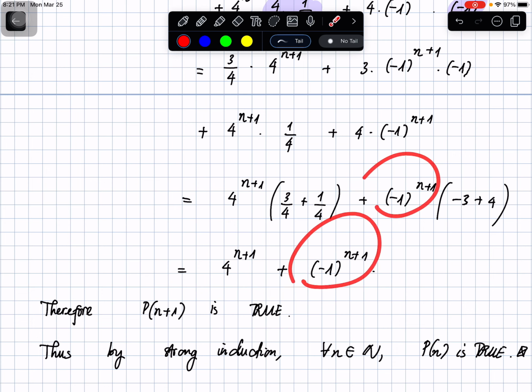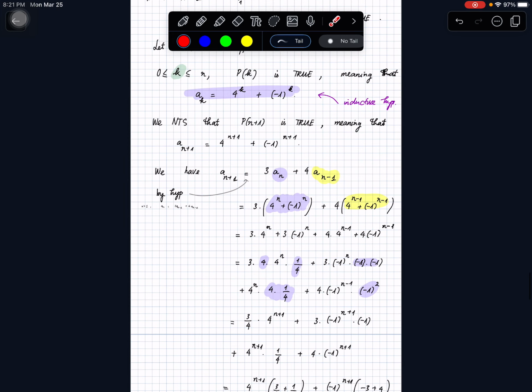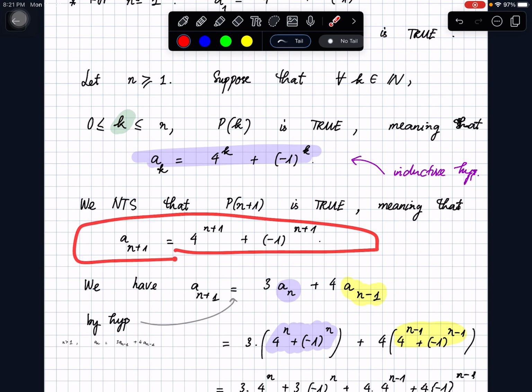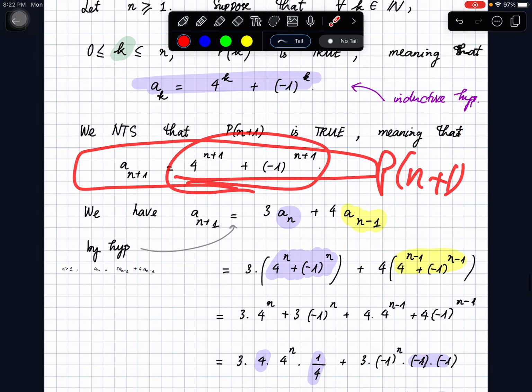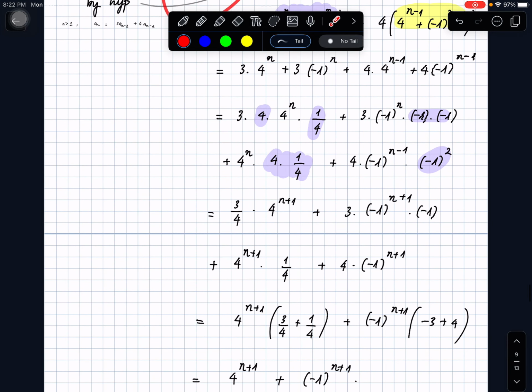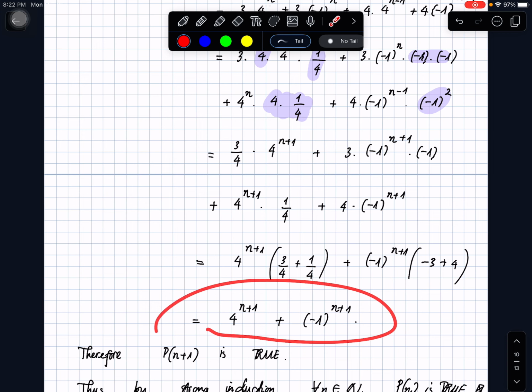Minus 1 to the n plus 1 times 1, which is this one. This value is the right hand side of P of n plus 1, which is this value. So we did show that a sub n plus 1 equals 4 to the n plus 1 plus minus 1 to the n plus 1.